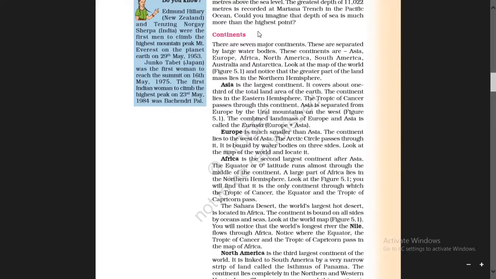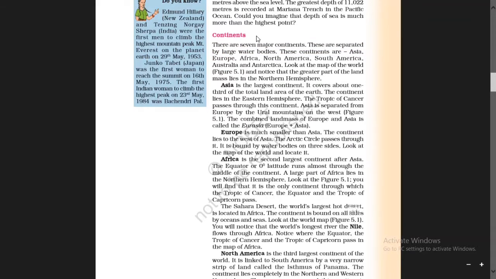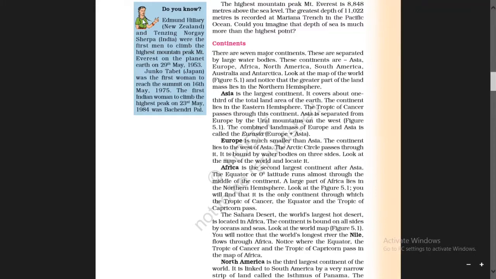Let us see continents. So before starting continents, have a look at this again in your left margin. These are all important, remember, boys. Do you know Edmund Hillary? He is from New Zealand. And Tenzing Norgay Sherpa, he is from India. They were the first men to climb the highest mountain peak, Mount Everest, on the planet Earth on 29th May 1953.